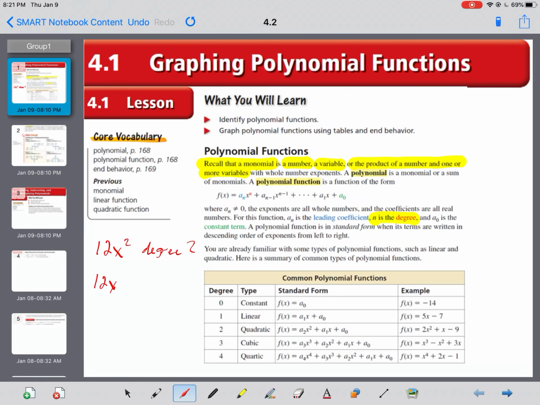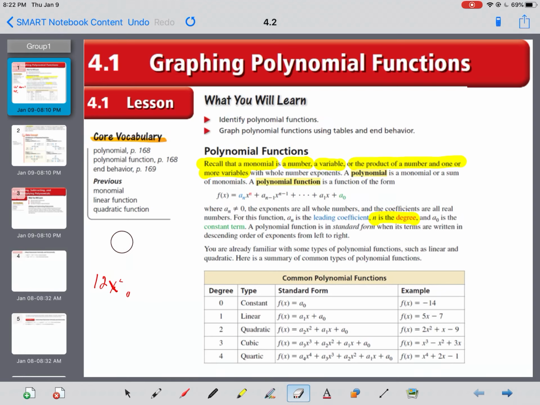If we have 12x squared y to the third, the degree would be 5. You actually add 2 plus 3, making the 5. So it totals up all of the exponents of all the variables on the monomial.